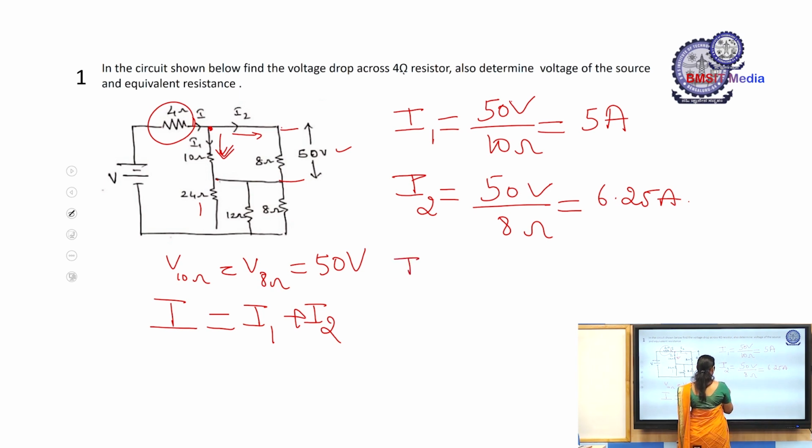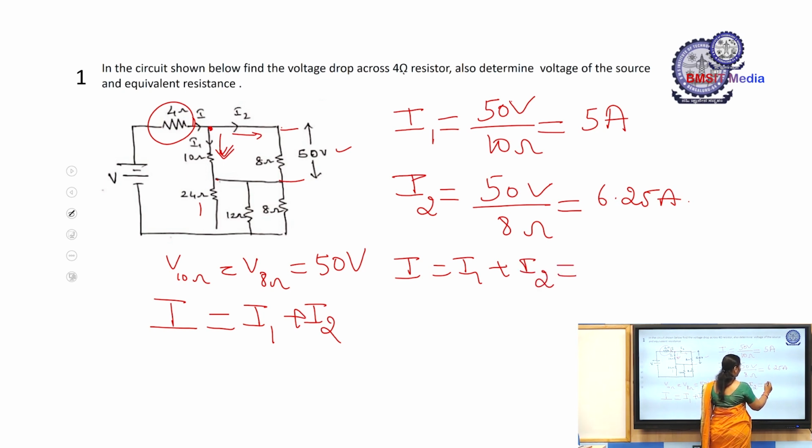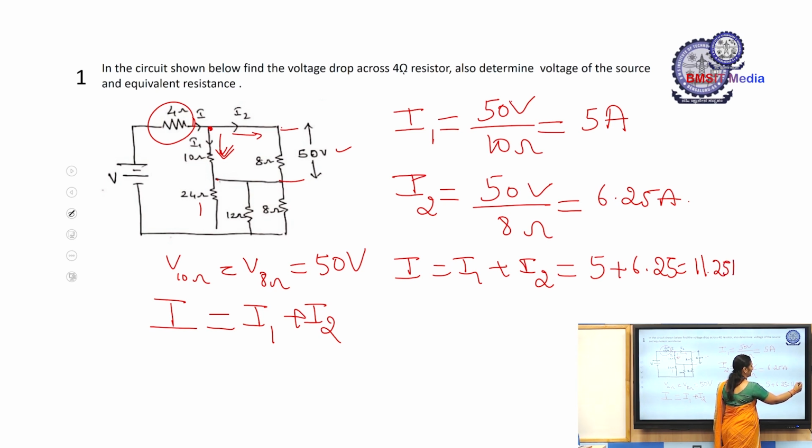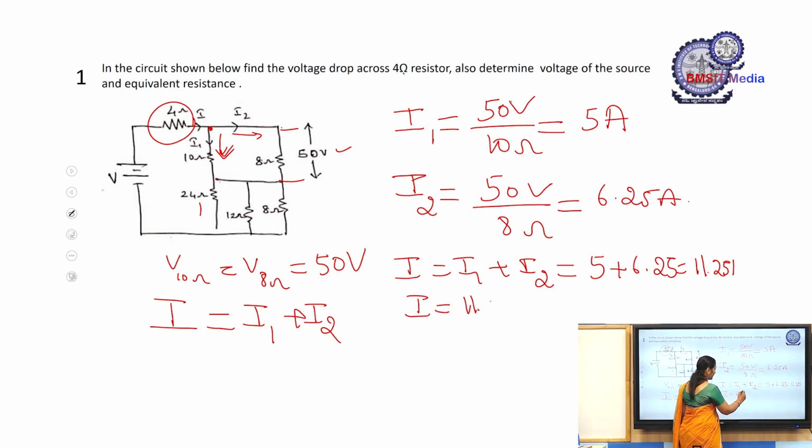Total I equals I1 plus I2, which is 5 plus 6.25, equal to 11.25 amps.